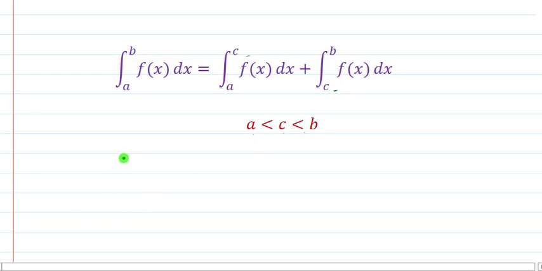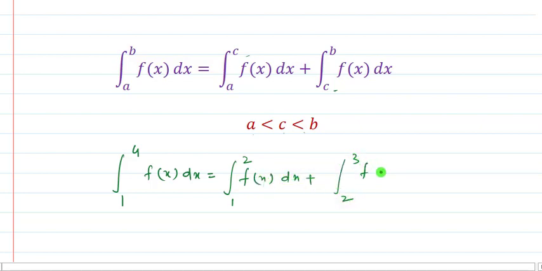For example, suppose we have the limit from 1 to 4 of a function f(x) dx, then it can be written as 1 to 2 f(x) dx plus 2 to 3 f(x) dx plus 3 to 4 f(x) dx.